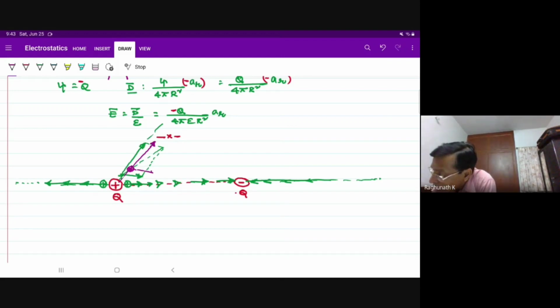This will increase a bit, because of which it tends to move in this direction. It comes to this position. Then it experiences this force, because of which it moves in this direction.